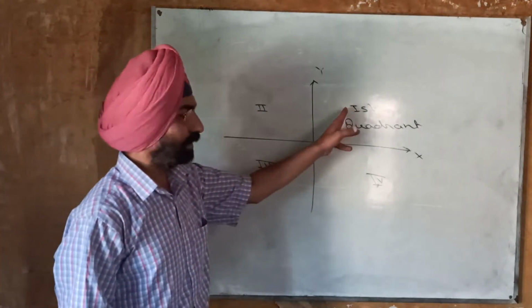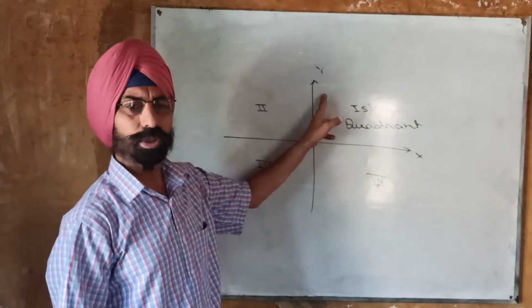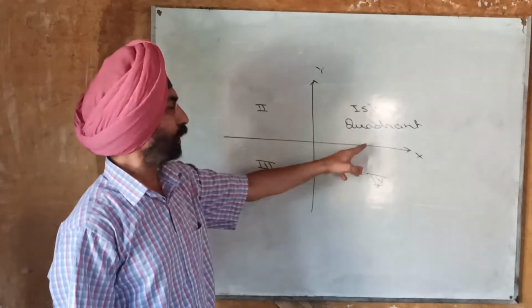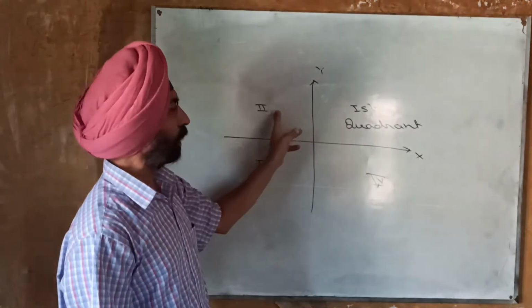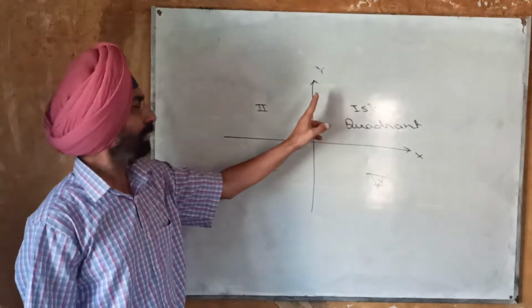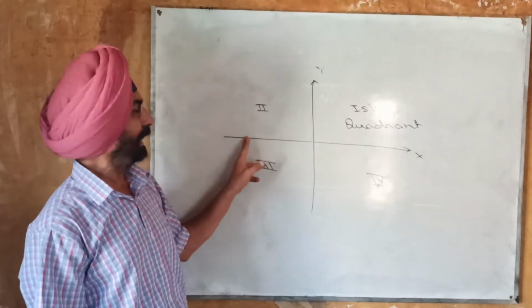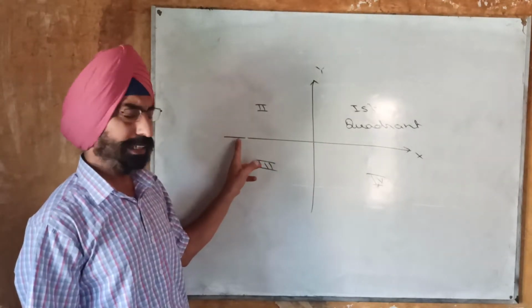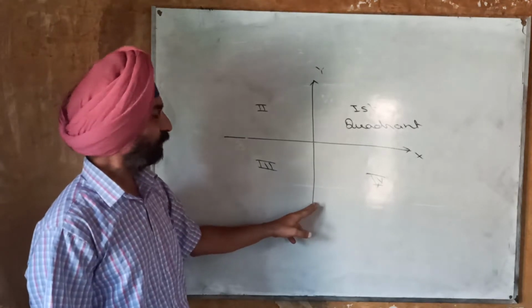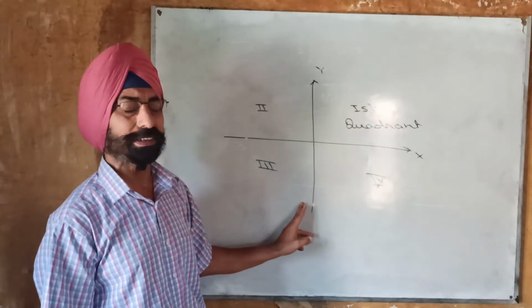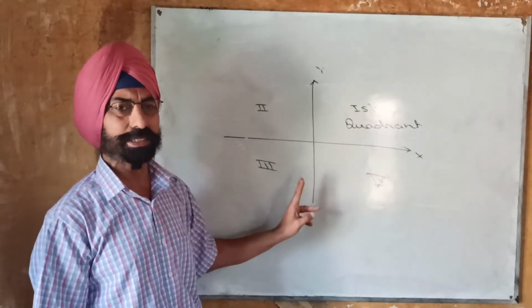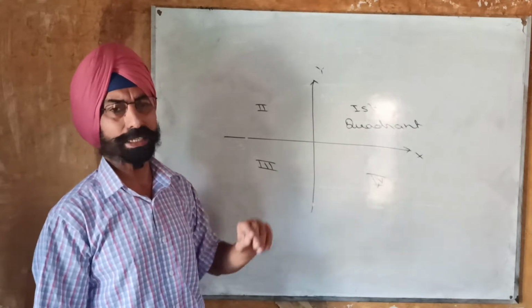The first quadrant covers angles from 0 degree to 90 degree, that means 0 to pi by 2. The second quadrant covers the angles from pi by 2 to pi, that means 90 degree to 180 degree. And then the third quadrant from 180 degree to 270 degree, and the fourth quadrant from 270 degree to 360 degree, that means 3 pi by 2 to 2 pi.